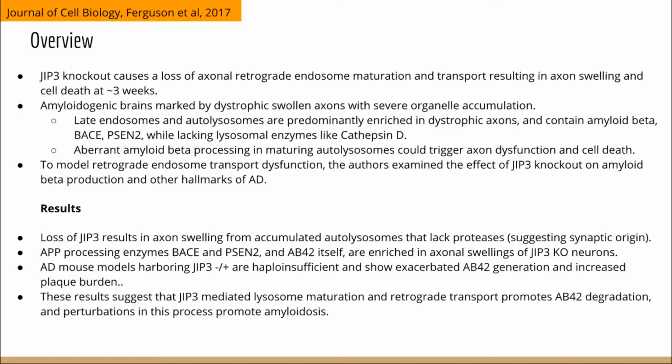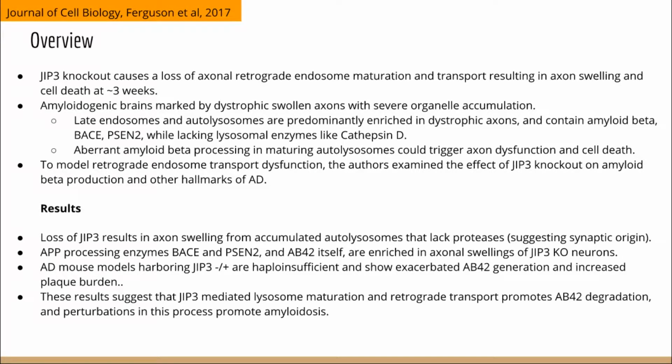So these dystrophic swollen axons that are observed in Alzheimer's disease are full of amyloid beta, APP, and its processing enzymes. Also, curiously, these stalled late endosomes and autophagosomes lack all lysosomal enzymes, meaning they are derived from the synapse and are failing to develop into full-fledged lysosomes. They get halfway there, then something goes wrong.